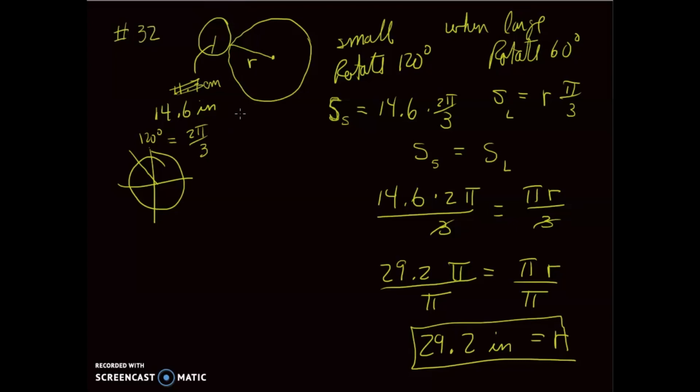The next one, 36. Car speedometer. The speedometer for Terry's Honda CR-V is designed to be accurate with tires of radius 14.